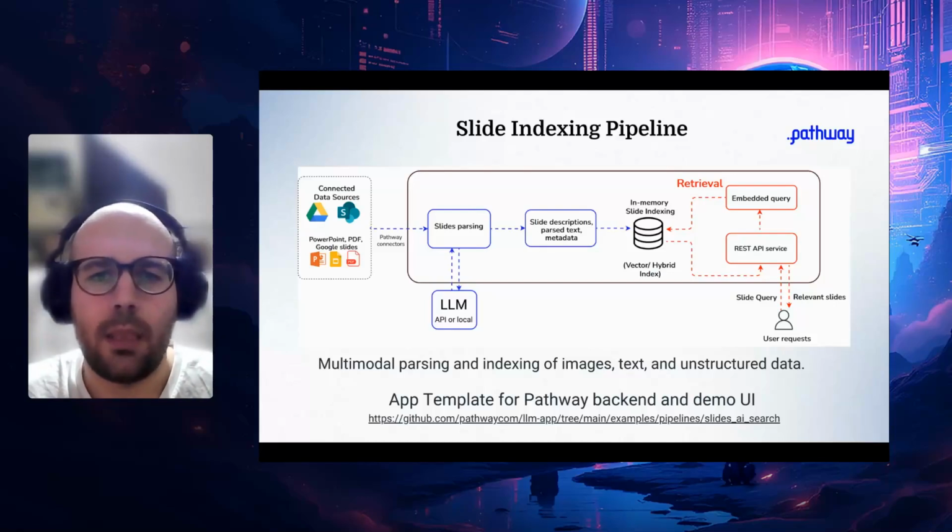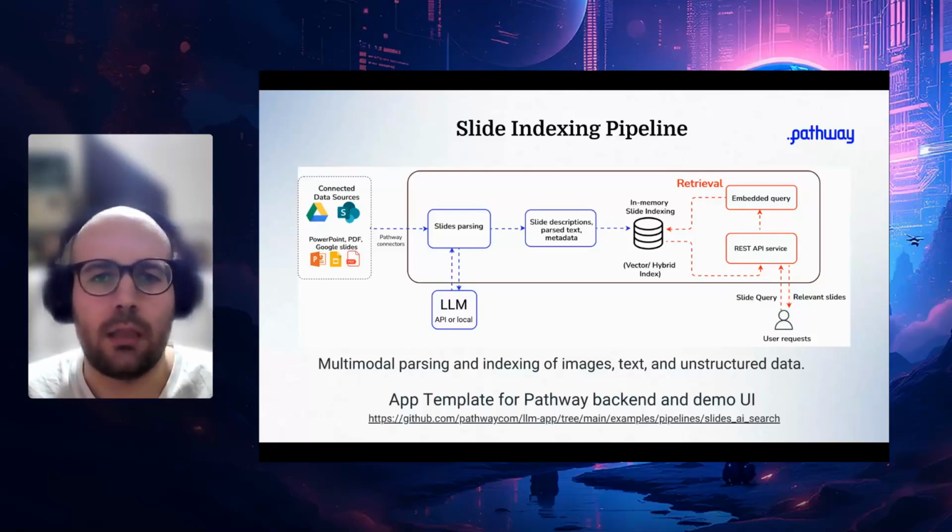But multimodal parsing is very helpful in this case, as the slides are much more than just the text on them. You also want to have a description. Possibly you want to be looking for the slide with some charts, maybe with some images.